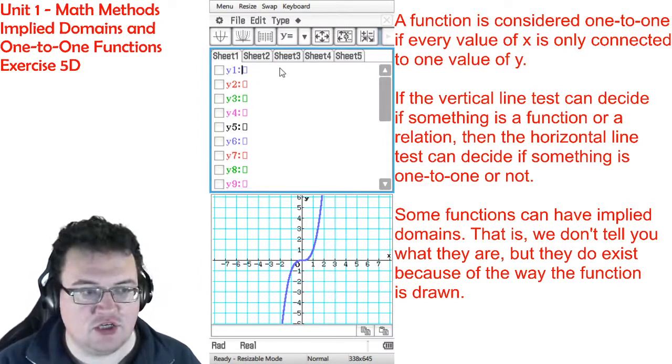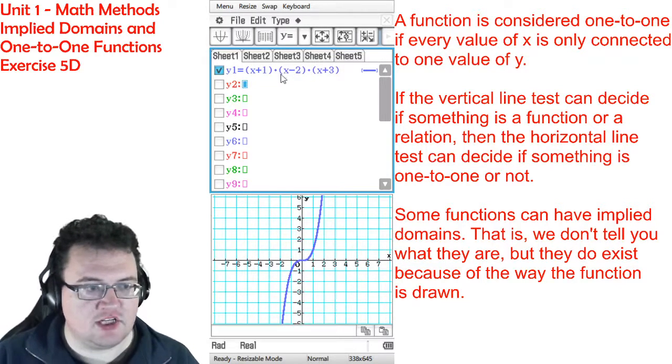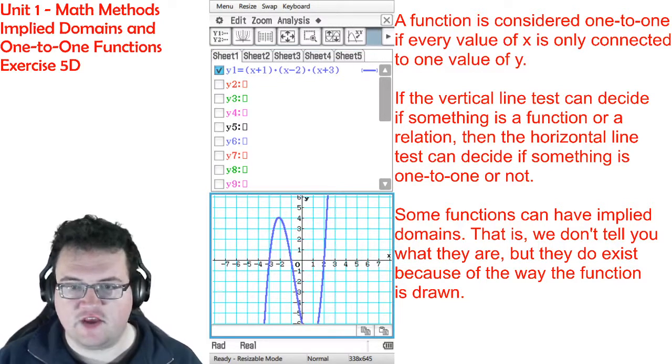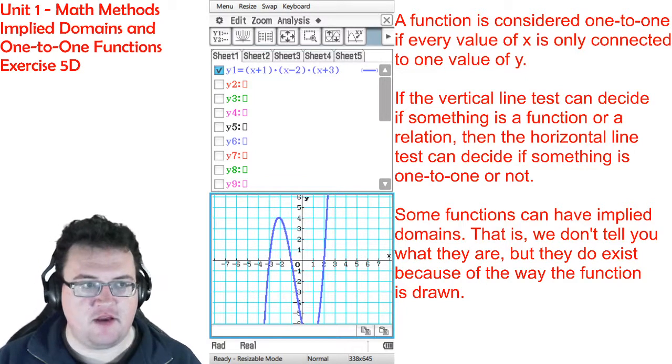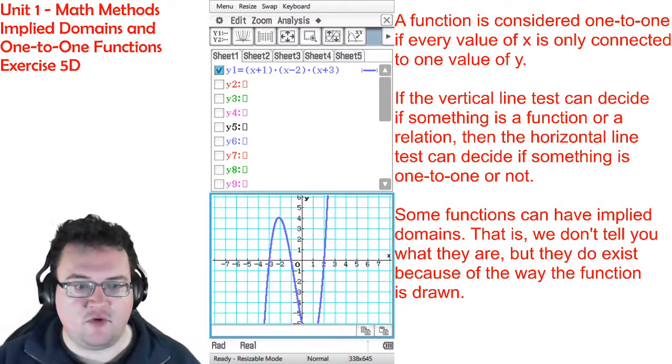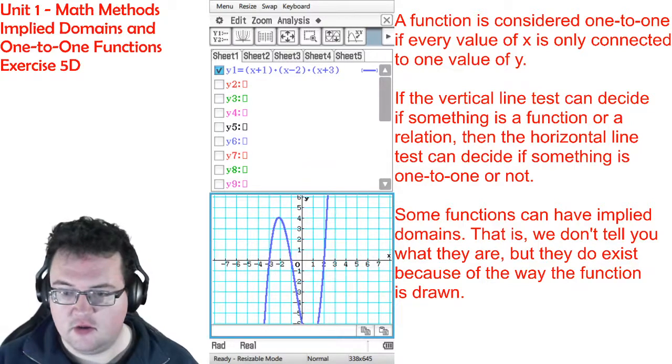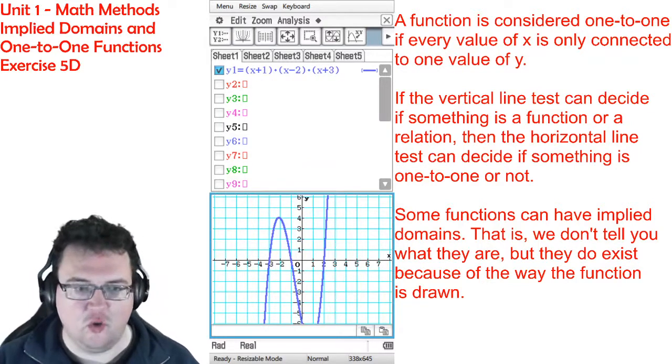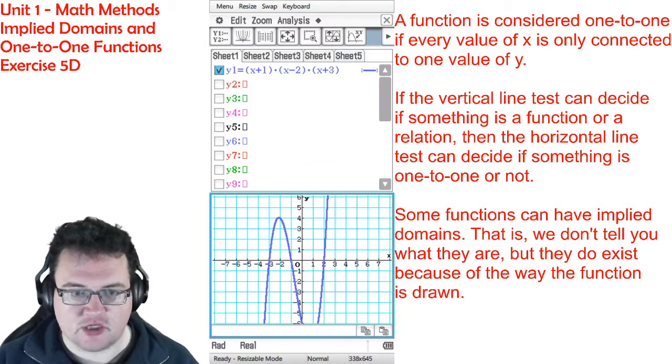However, if I start doing graphs like this, where I'm playing with the polynomial structure, then that creates a situation where the graph is no longer one-to-one, because if I draw a line across it, it cuts 1, 2, 3 times.